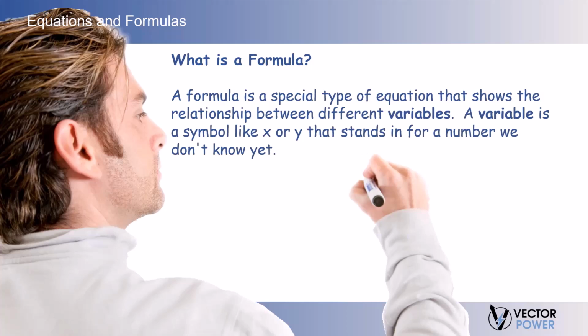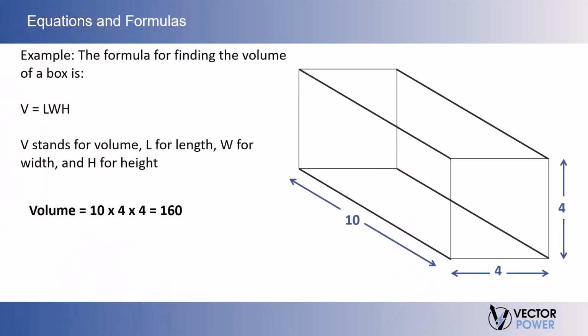All right, so what is a formula? Well, a formula is a special type of equation that shows the relationship between different variables. A variable is a symbol like x or y that stands in for a number we don't know yet. So, an example.